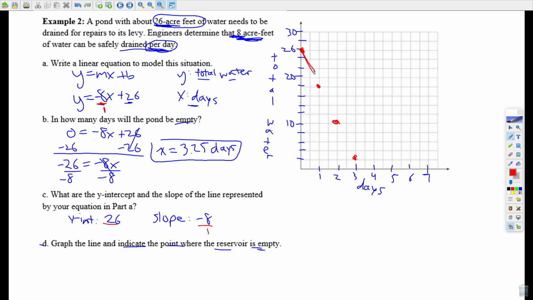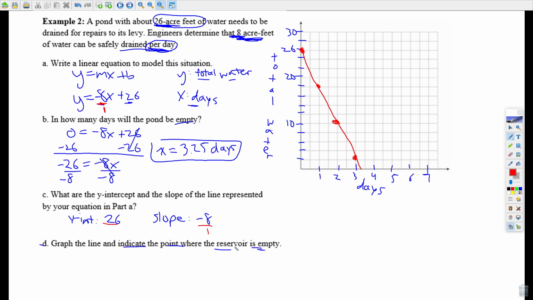Oh man. Can I try it again? I tried. So draw a straight line as best you can. If I had a ruler, it'd be a little bit better.